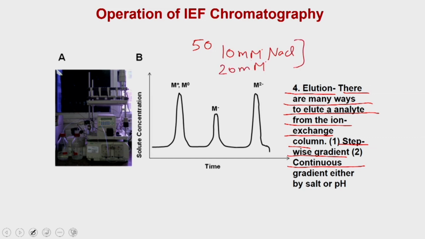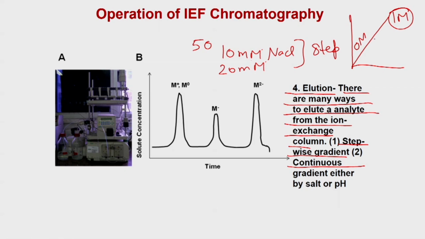Those are called step gradients, whereas in the linear gradient you make a gradient of NaCl starting from 0 molar to 1 molar. That allows you to optimize at what NaCl concentration you can get the protein of your interest.